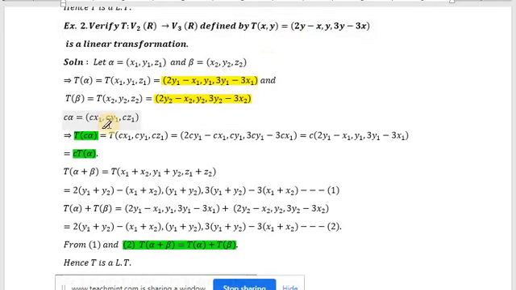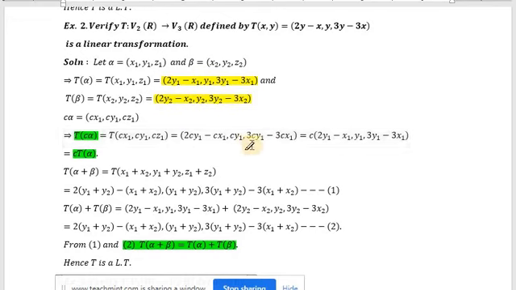Then let us consider c alpha. C alpha is (cx1, cy1, cz1). Then the transformation of c alpha is the transformation of (cx1, cy1, cz1). By using the given transformation, it is (2cy1 minus cx1, cy1, 3cy1 minus 3cx1).